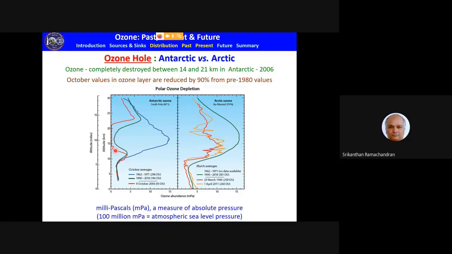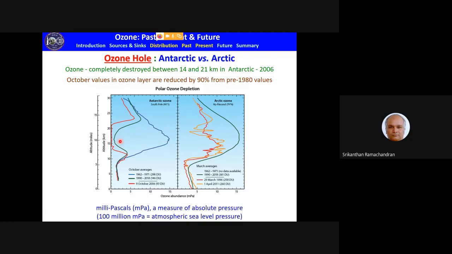In 2006, for example, the total amount of ozone over Antarctic was only 93 Dobson units, less than 100. While in the normal, before the chlorofluorocarbons started depleting ozone, the values were about 300 Dobson units, as we saw before.